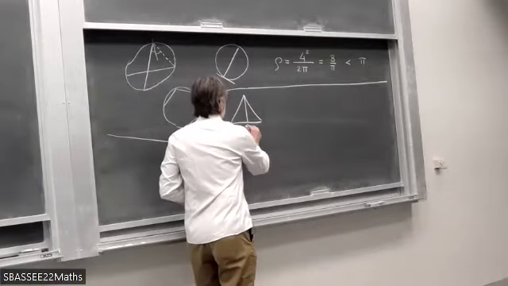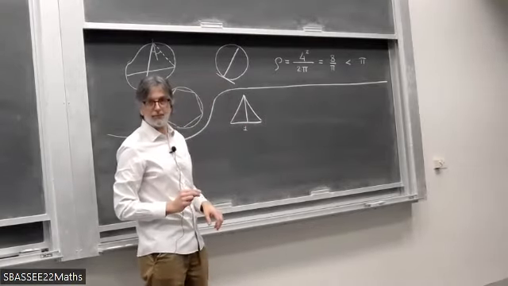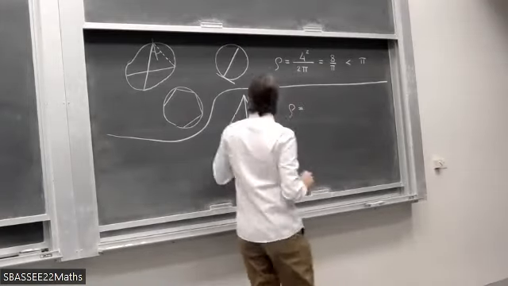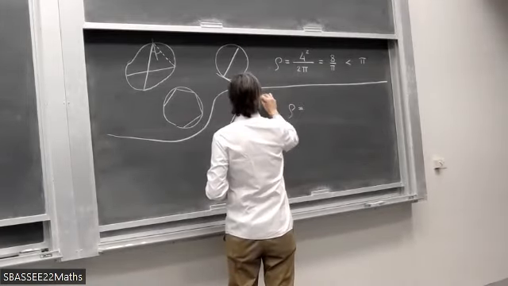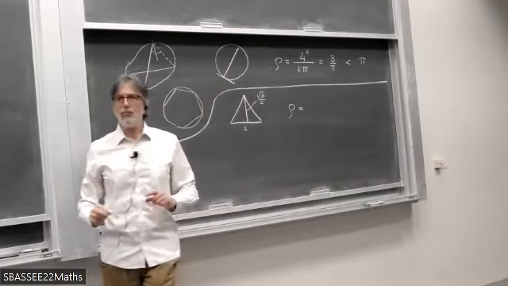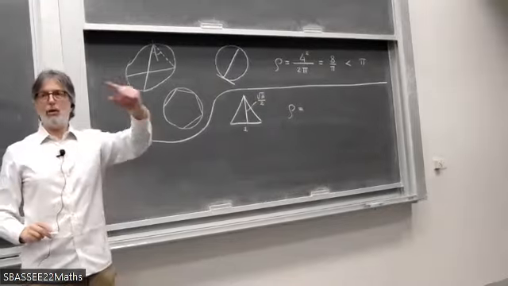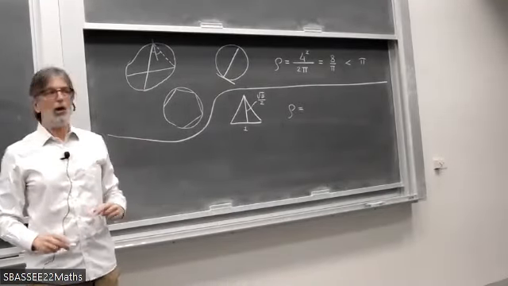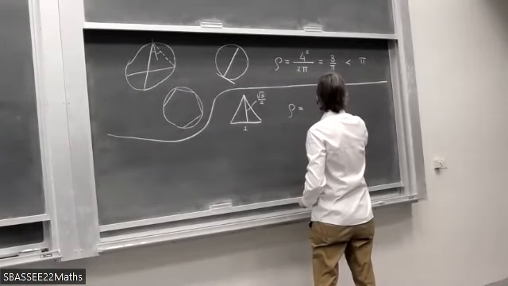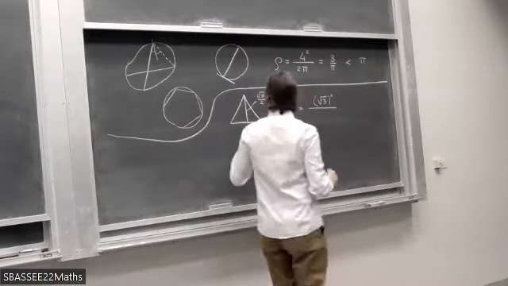Again, the size of the triangle is fine. So what is the height? Here it is square root of 3 divided by 2. But then I have to run over it twice. So my geodesic has length square root of 3.